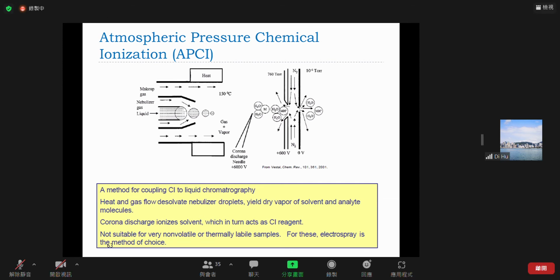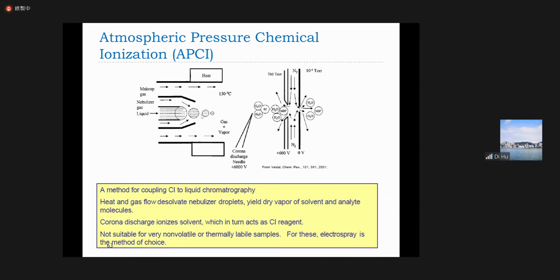Okay. And also, if you want to use APCI as the interface to connect the mass spectrometer and the HPLC, then when you are running the HPLC, you do not want to use a very high level of buffer. So you want to keep the concentration of buffer, or any acid or base used to adjust pH, as low as possible.